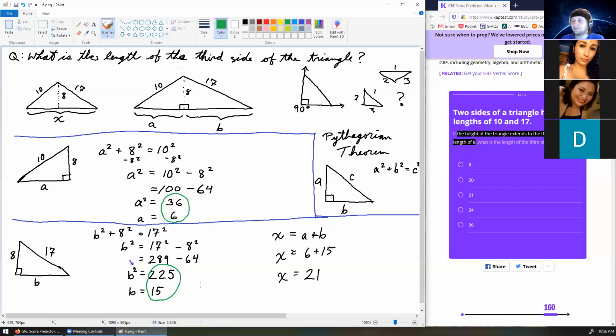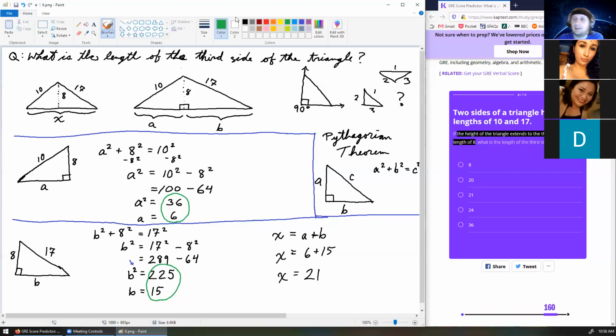And you can even see in the answers to this question, there's no crazy decimal points here. There's no fractions or anything. Everything is a whole number. So whatever answer you come up with, if you have decimal points in your answers, you're probably on the wrong track. So yeah, just a little hint for the GRE.